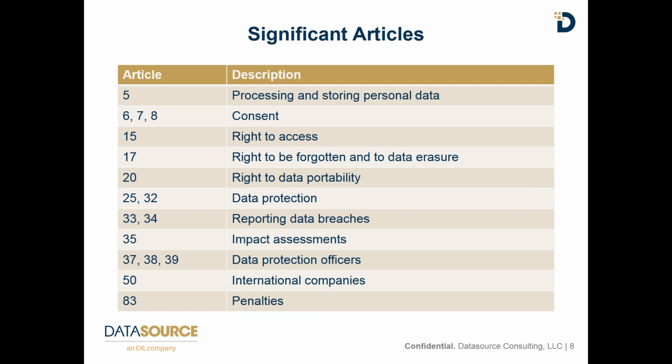Articles 33 and 34 indicate that companies must report data breaches within 72 hours, and Article 35 impact assessments indicate that companies must conduct data protection impact assessments. Articles 37, 38, and 39 refer to data protection officers.